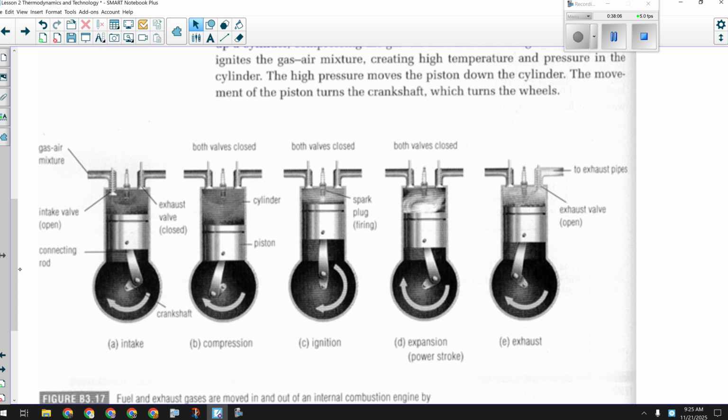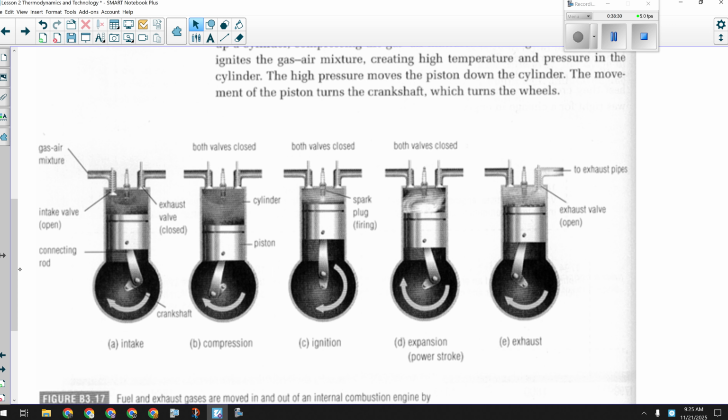When the piston comes down, it actually pulls air in. It creates a vacuum and pulls air and fuel, probably from your fuel injection manifold, into the cylinder. Then when the piston tries to come back up, the valves close and the gas gets compressed, making it far more volatile.